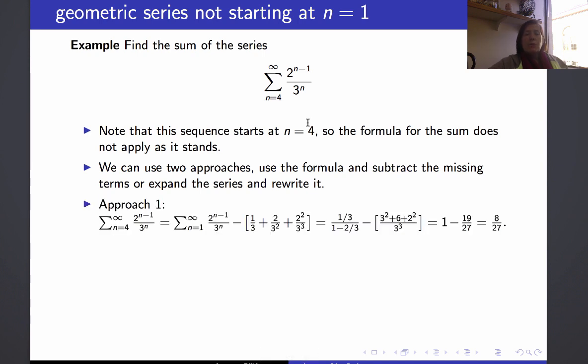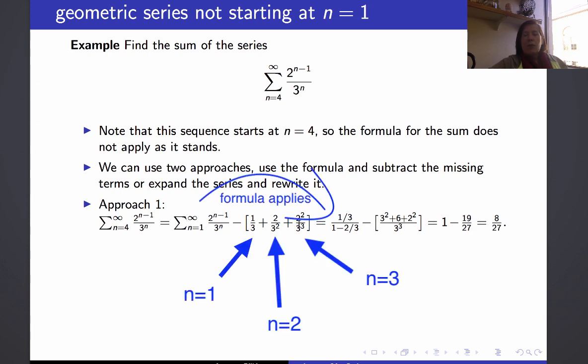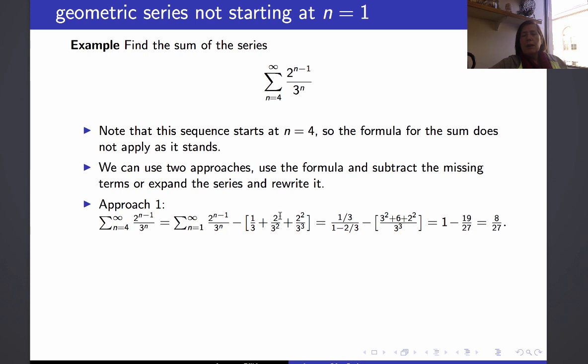The first approach is to calculate the sum from 1 to infinity of the given series and then subtract the missing terms here, which in this case is the first three terms for n equals 1, n equals 2, and n equals 3.